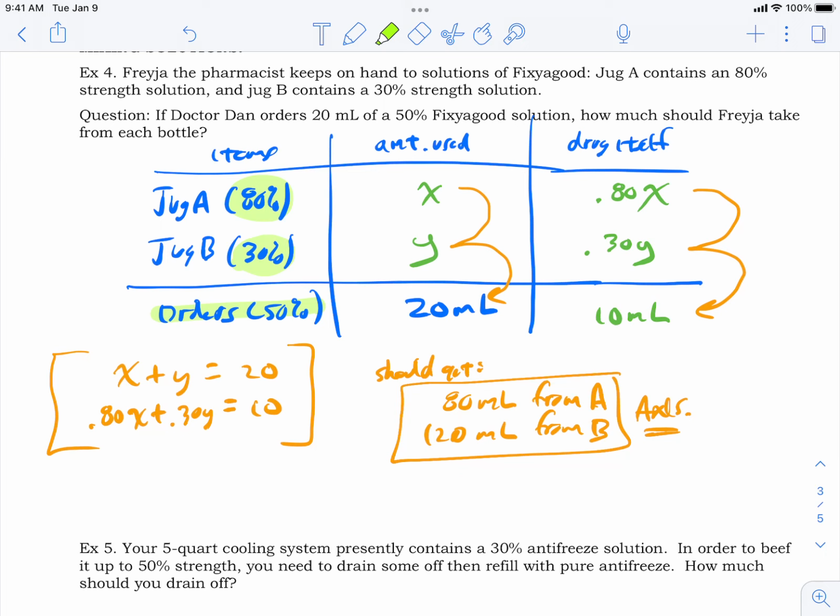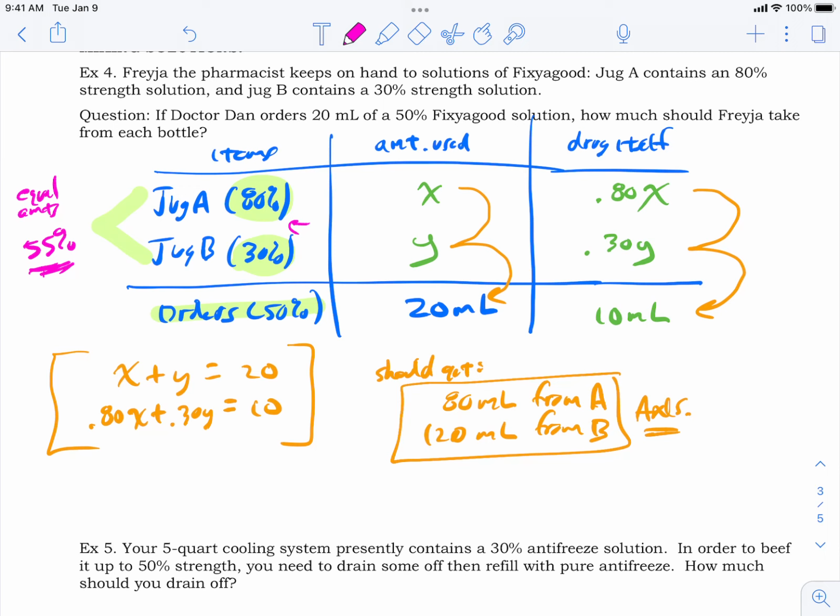If you took an equal amount from each jug, could you predict what the percent strength would be? You'd end up at the average of 80 and 30, which is 55. So if you took equal amounts from each jug, you would end up with 55% strength.